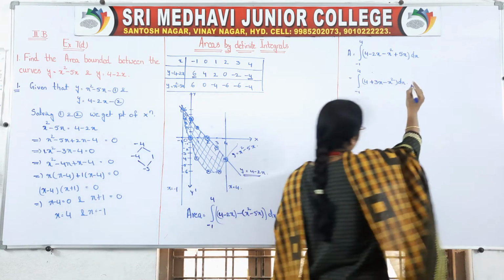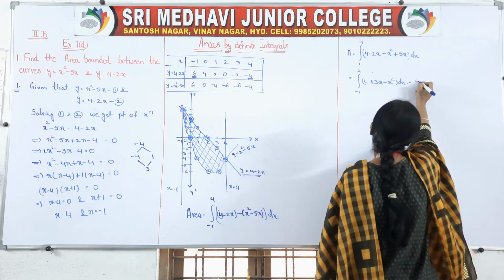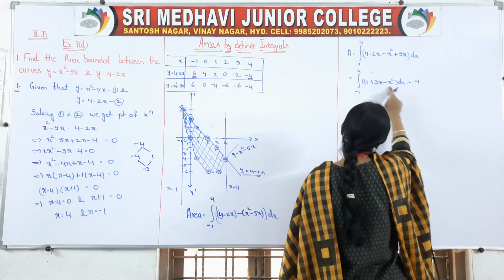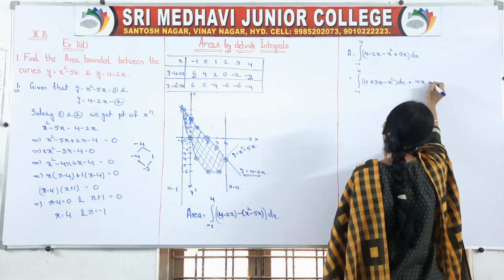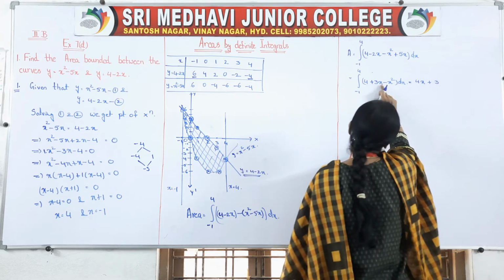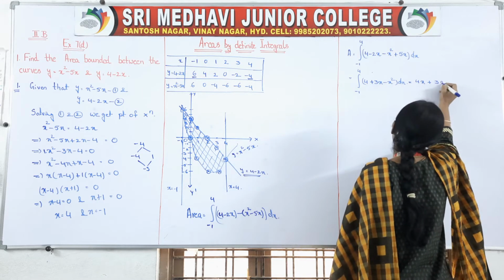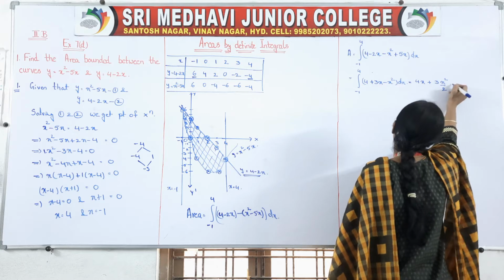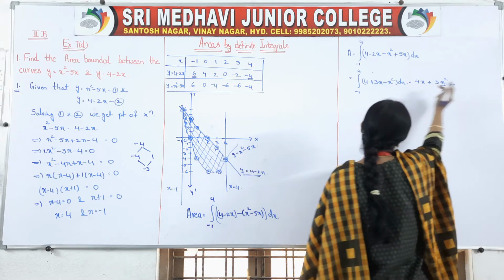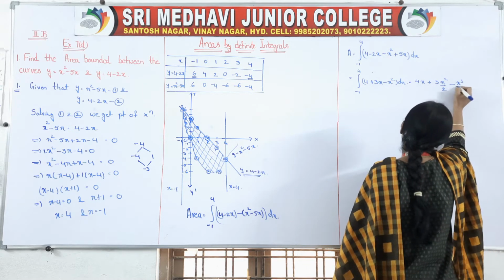Okay, so come on, how we will do it? It is 4 into integral dx is x, plus 3 into integral x is x square by 2, minus integral x square is x cube by 3.